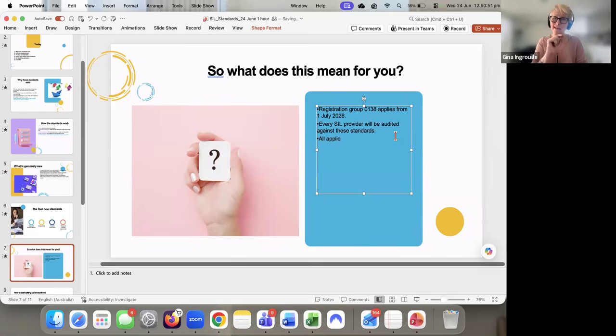That doesn't mean they have to be audited by then, it means in the portal. All applications for SIL registration group have to be in the portal by what date? Who knows? The portal by 1 October.